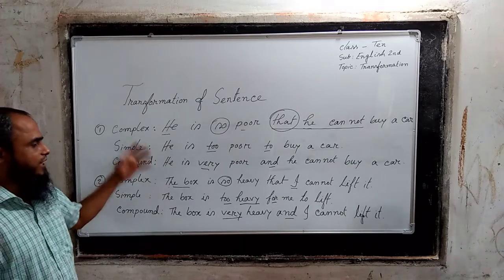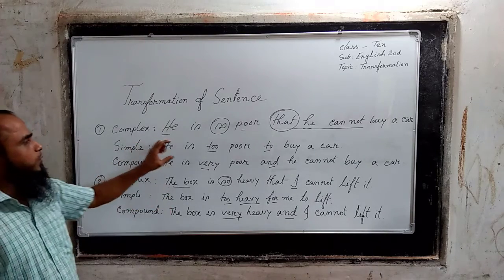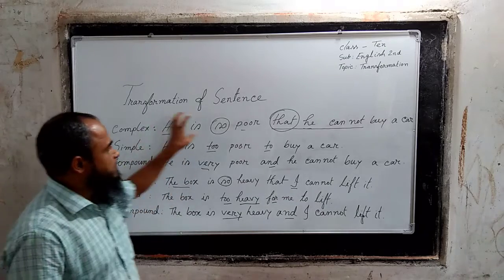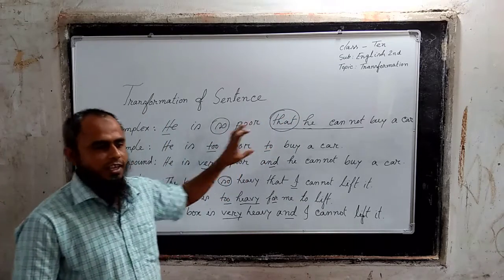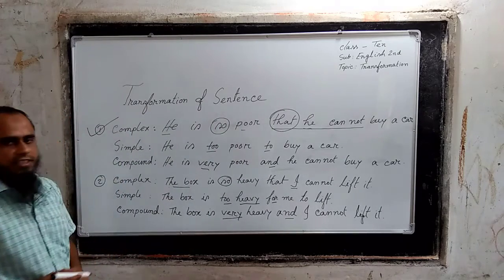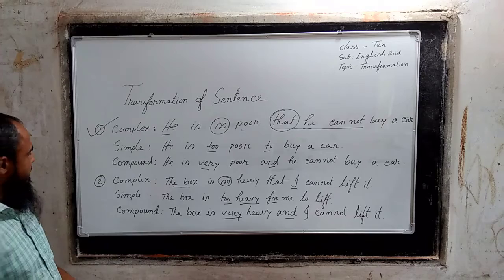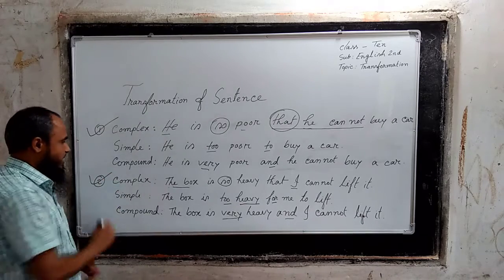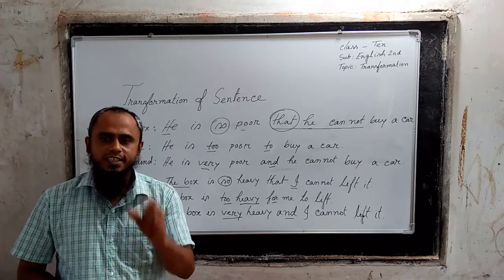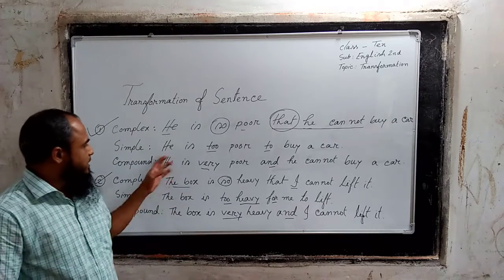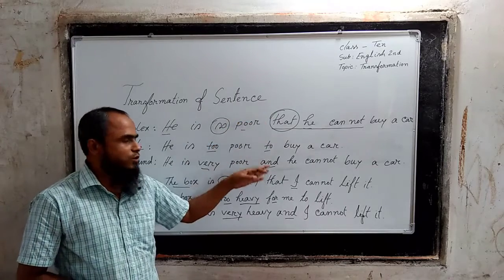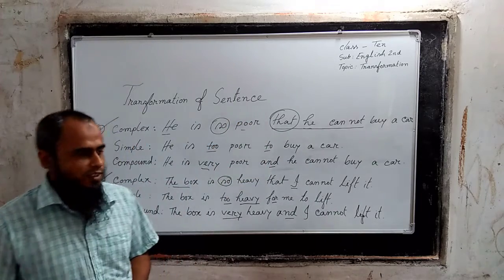If you are told to make a simple sentence, you will think whether the subject is the same or not. If the subject is the same, you will follow this structure, and if the subject is different, then you will use the other structure. And in a compound sentence, only one structure is enough: instead of so, you use very, and instead of that, you use and.